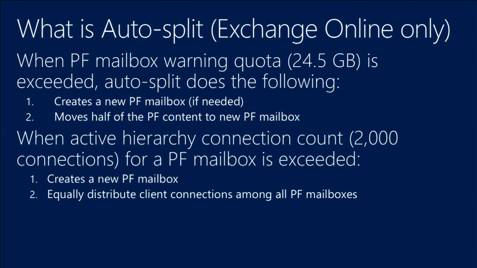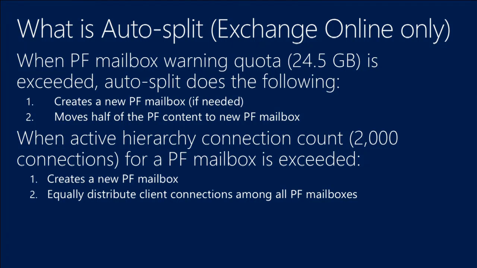And secondly, the active connection count is considered here as well. So the general recommendation currently is that one public folder mailbox can have 2,000 active user connections. So if that threshold is reached, Exchange again creates a new mailbox.